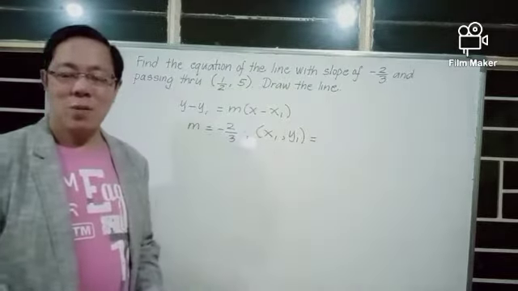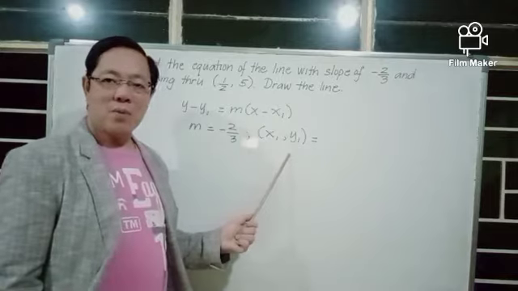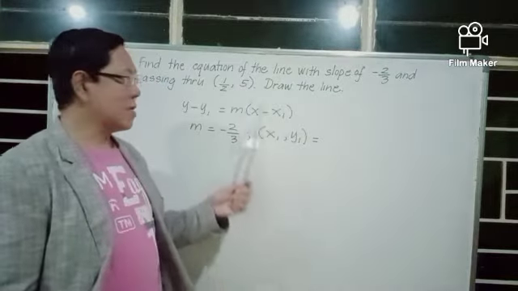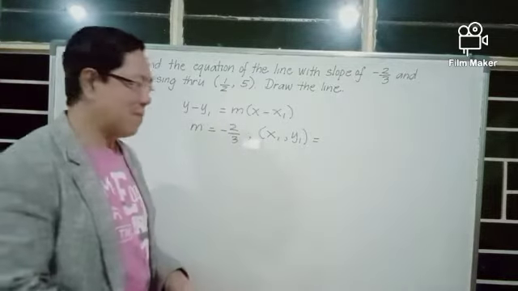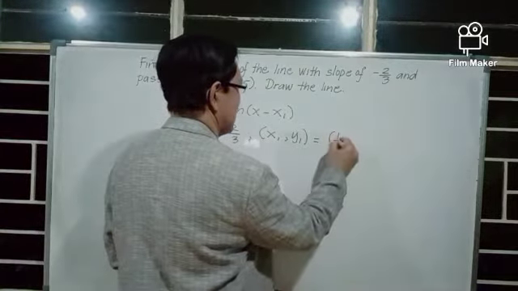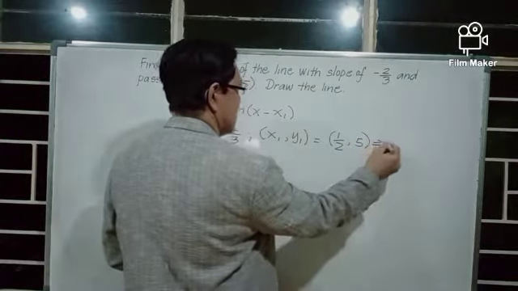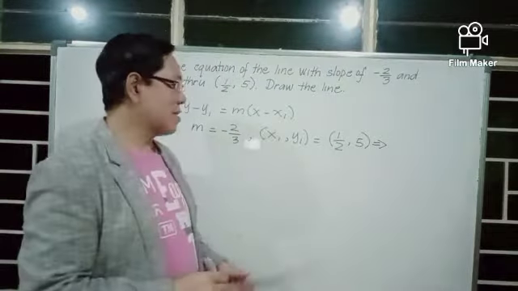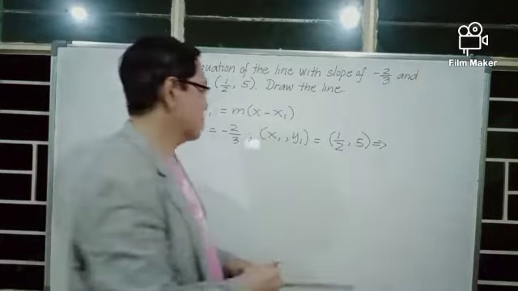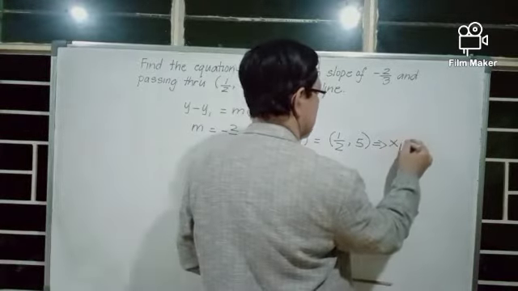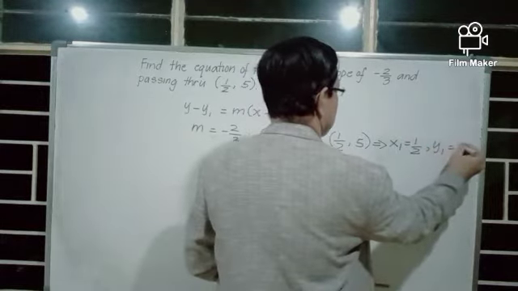The one point that we need in using the slope-point form is the point with coordinates (x1, y1), and in the given problem, this given point has coordinates (1/2, 5). And this implies that x1 is 1/2 and y1 equals 5.